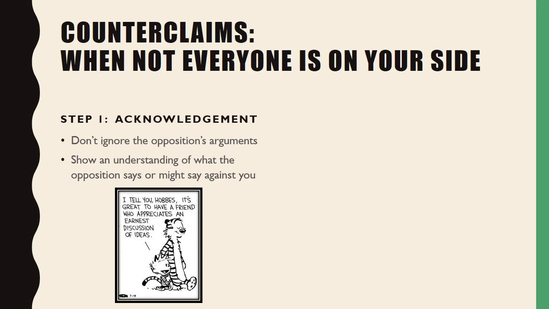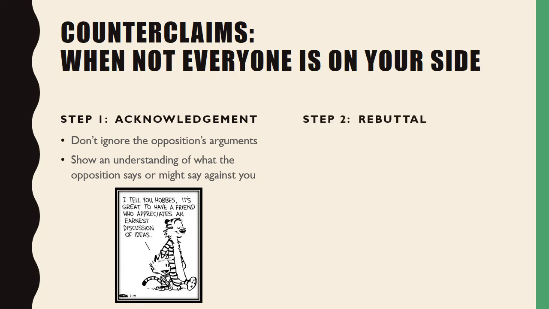And then you need to show an understanding of what the opposition is saying or what it might say against you. Again, even if you think it's the most ridiculous thing or it's got false logic behind it, you really have to show that you understand where they're coming from. And that's step one of any counterclaim, to acknowledge and show understanding.